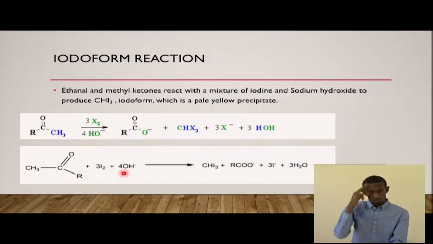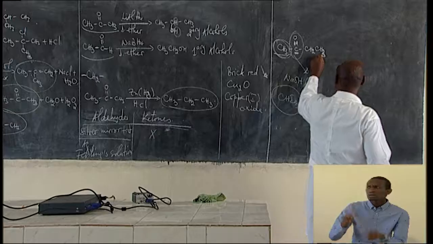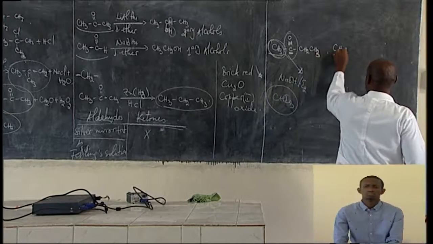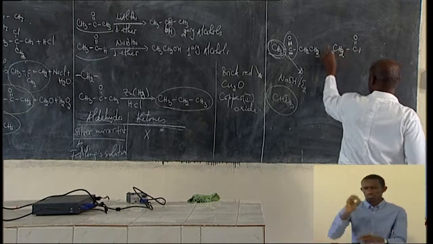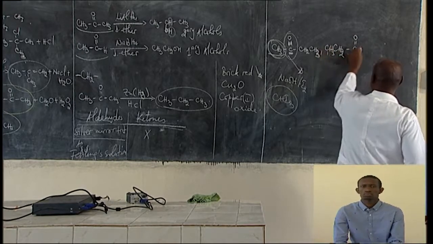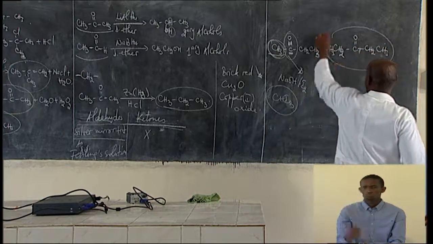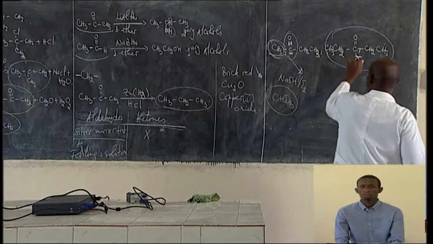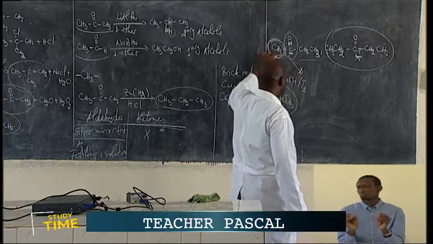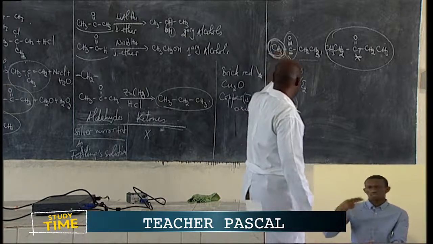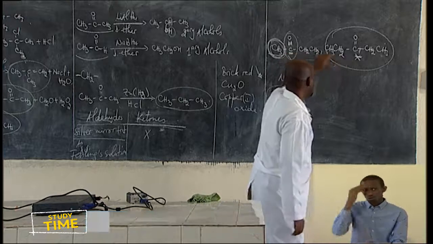Remember, if you have another ketone like this one, CH3CH2COCH2CH3, you get no observable change. Why? Because you don't have the methyl group here. So we can use the iodoform reaction to distinguish ketones like these ones.